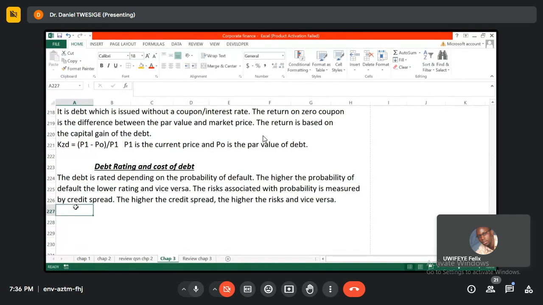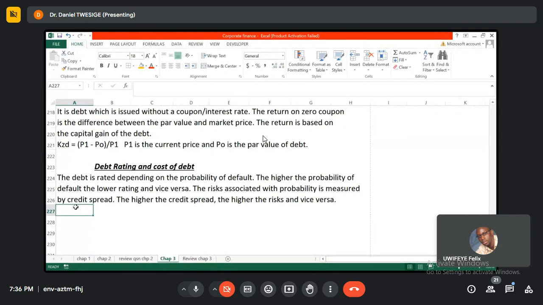But what is important is to know how debt rating is going to affect the cost of capital. I mean, the cost of debt. That's what is important in this part. We know that the higher the risk, the higher the return that is going to be asked.